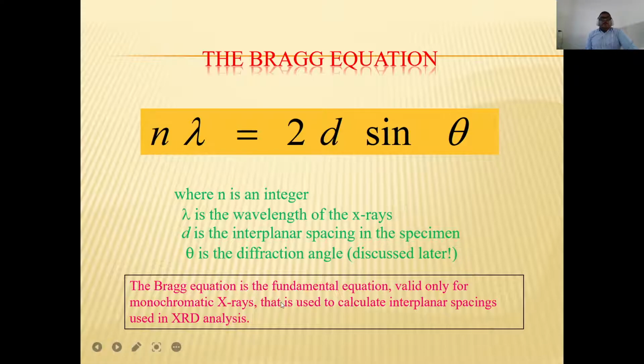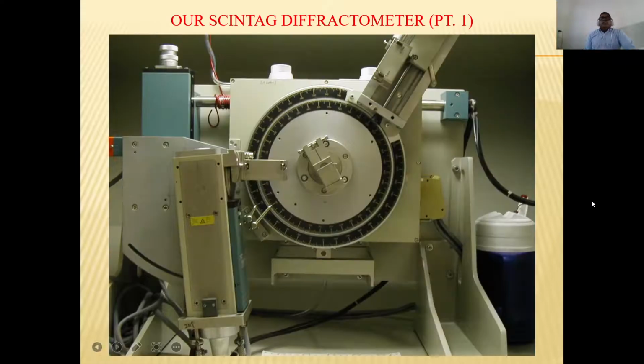The Bragg equation is the fundamental equation, valid only for monochromatic X-rays, that is used to calculate the interplanar spacing used in XRD analysis.